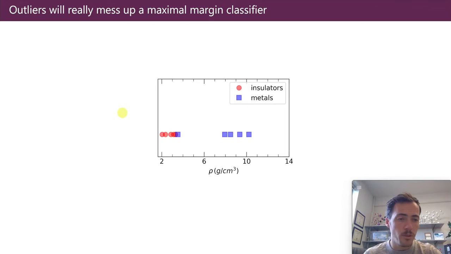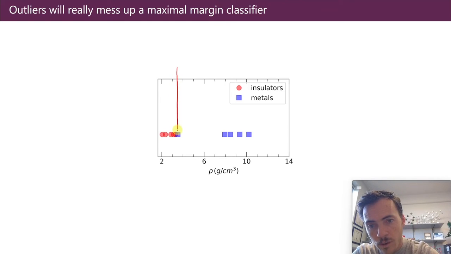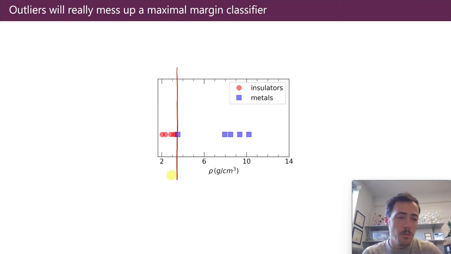So now what do? Well, if you're still taking the maximal margin approach, then you would draw your threshold right between those two data points, right at, whatever that value is. But this isn't great because really that one metal is an outlier, right? It was an outlier.